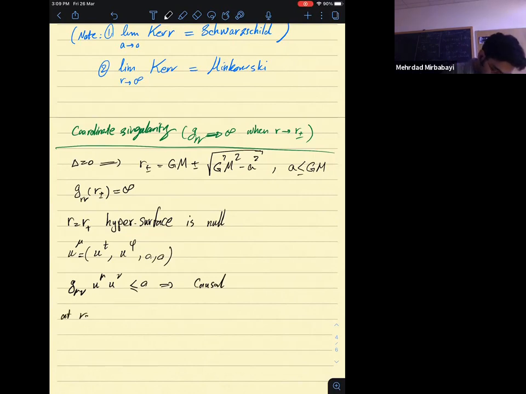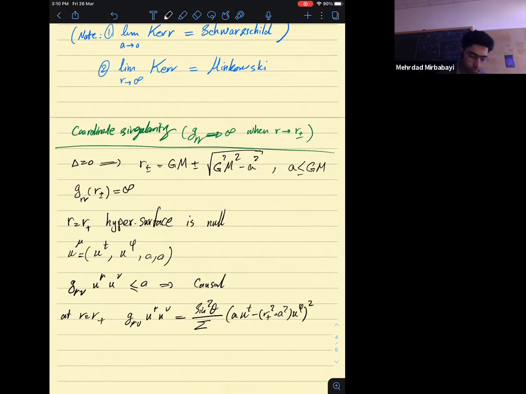So at r equals r plus, what we get is that g_μν u^μ u^ν is equal to sin²θ divided by Σ times a (u^t) minus (r plus squared plus a squared) times (u^φ) squared.